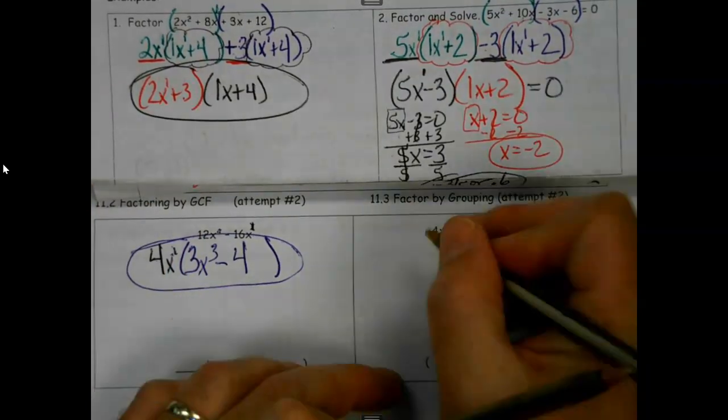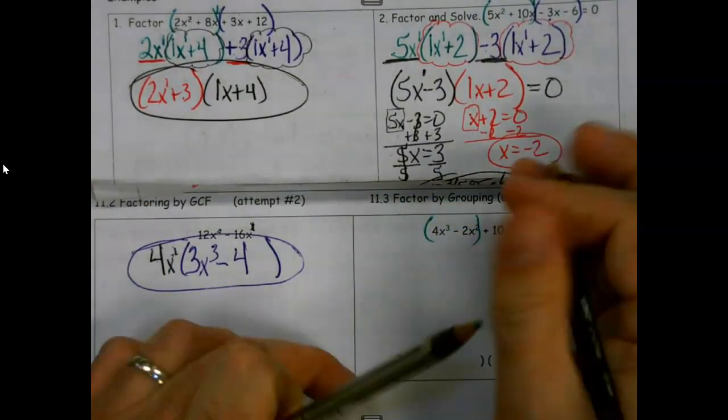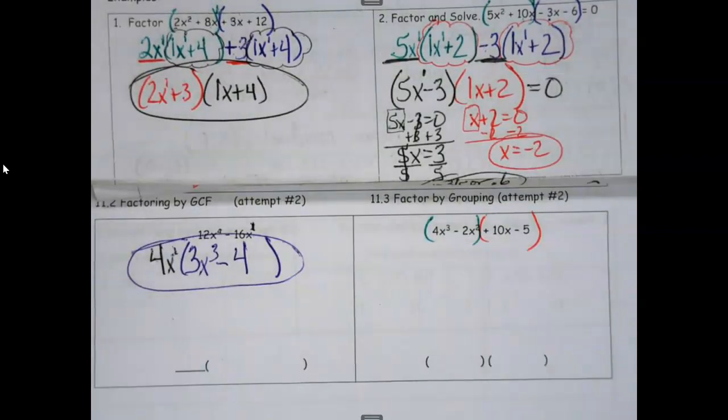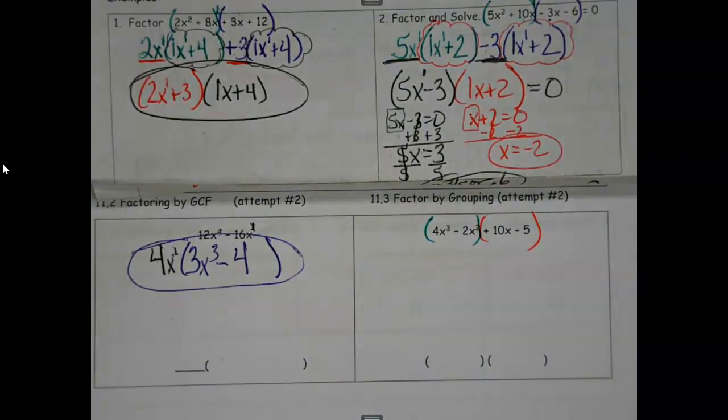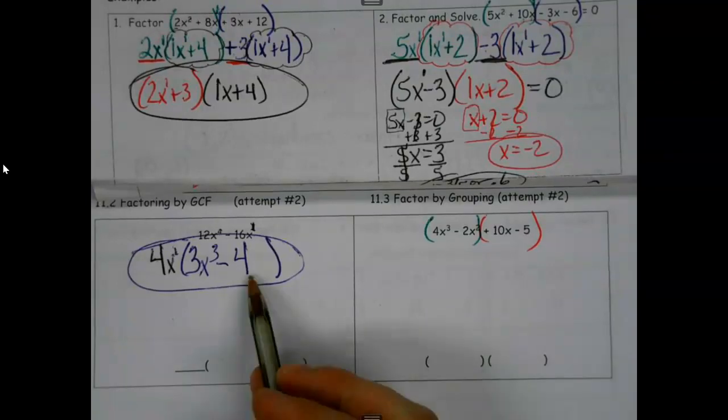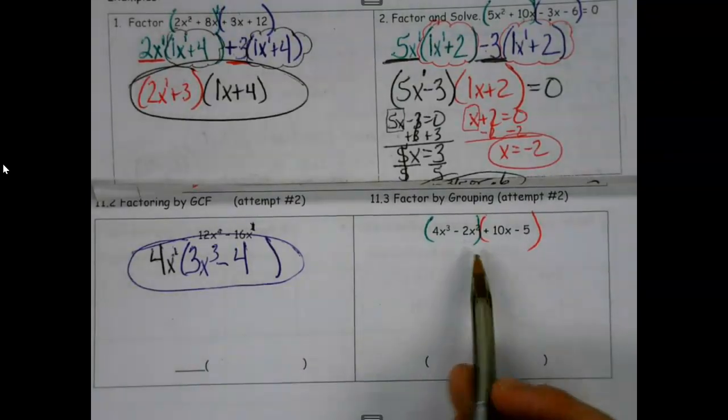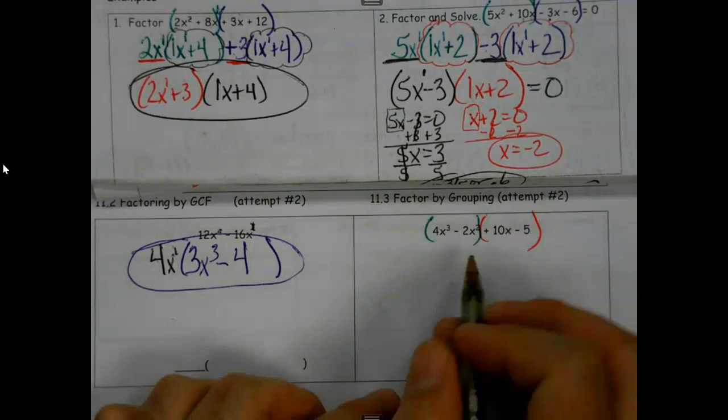Factoring by grouping. Each pair that I've done there, as you can see in the examples right above it, we're going to do the exact same thing that we did in the first box. What do they have in common?